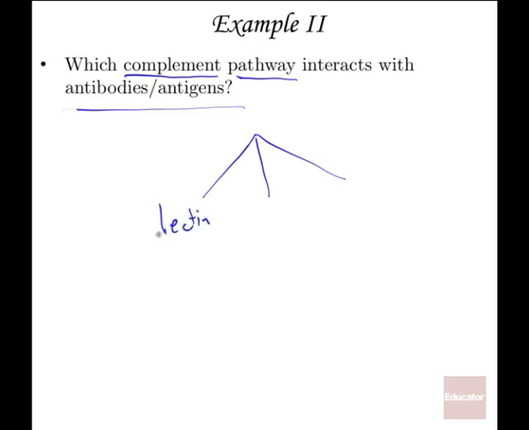The other pathway that's determined by patterns of organisms is the alternative pathway. So the only other one left is the classical pathway. The answer to example number 2 is the classical pathway.